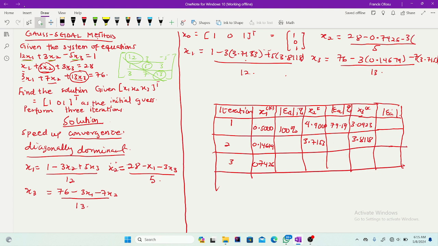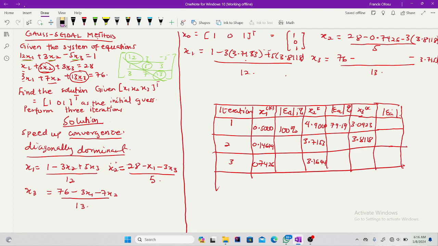My current x3 is 3.8118. Okay. So with this, we solve for x2, and we'll be getting x2 to be equal to 3.1644.